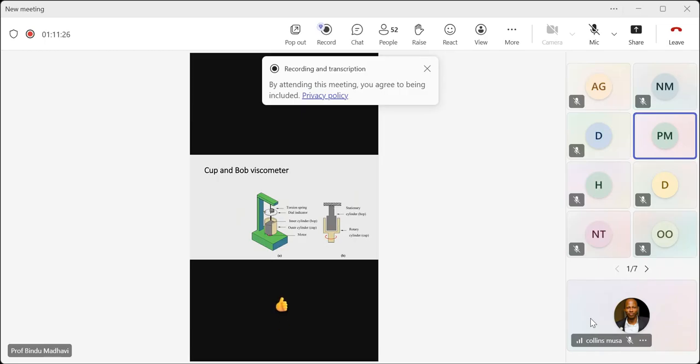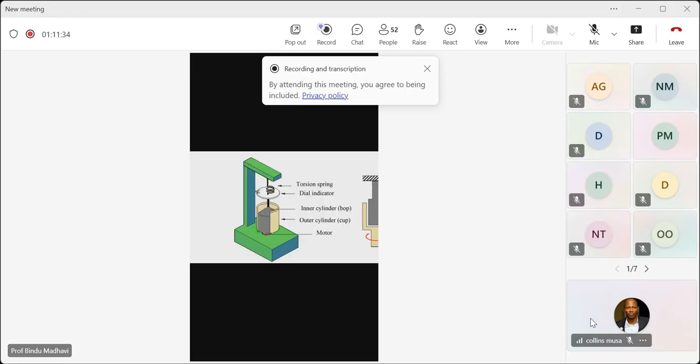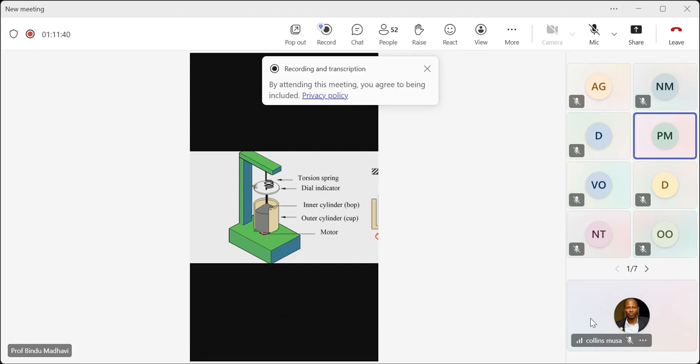So now let us see the next type of viscometer, which is called the cup and bob viscometer. Can you see the picture here? Yes, we can see it. So this is the arrangement of how the cup and bob will be present. You can see there is a cup-like structure, the outer cylinder.